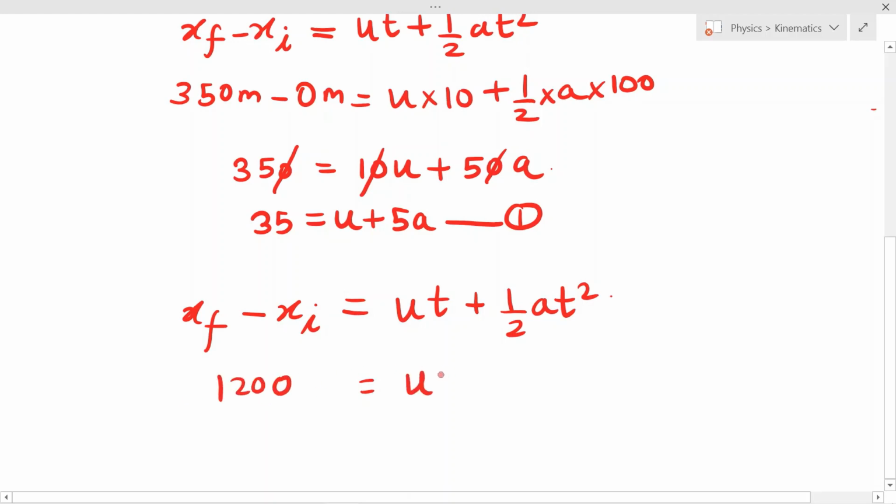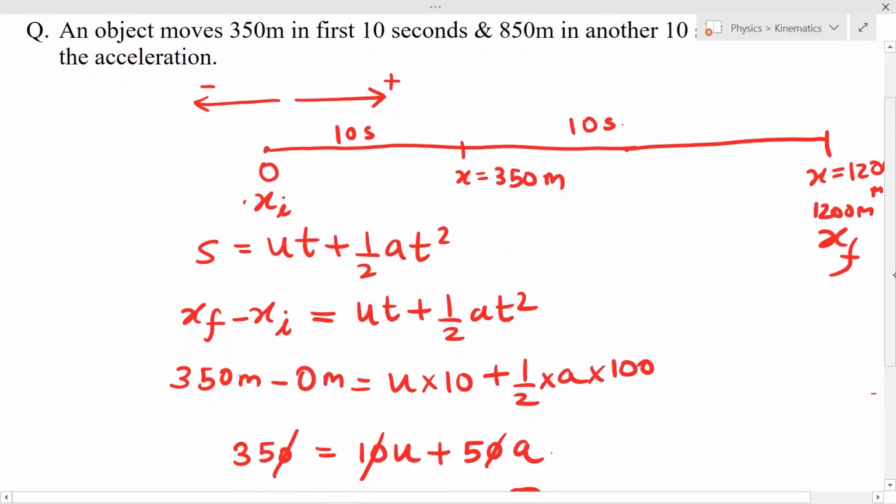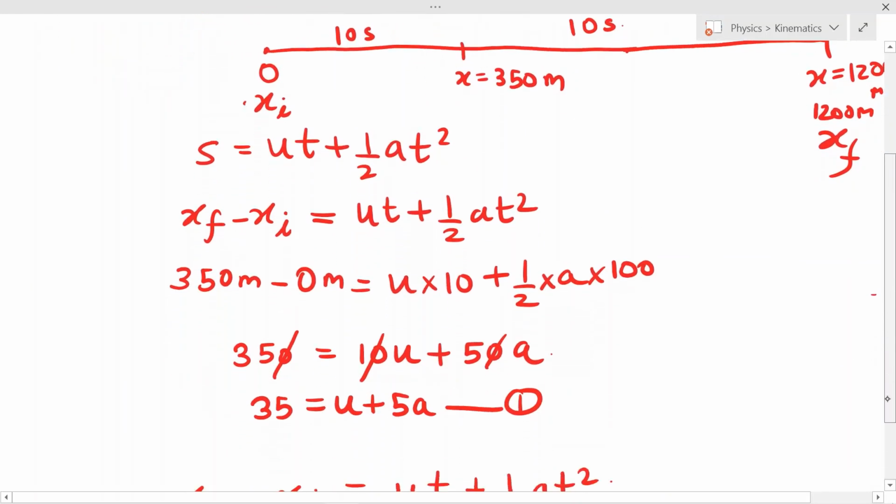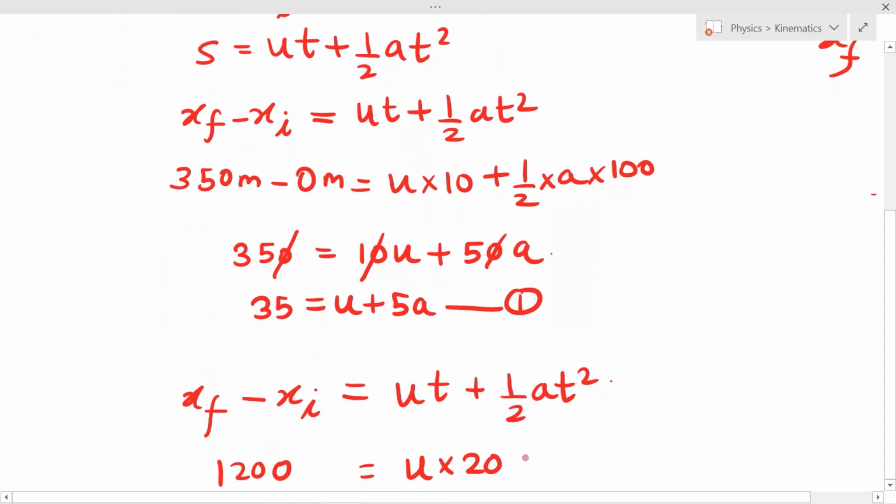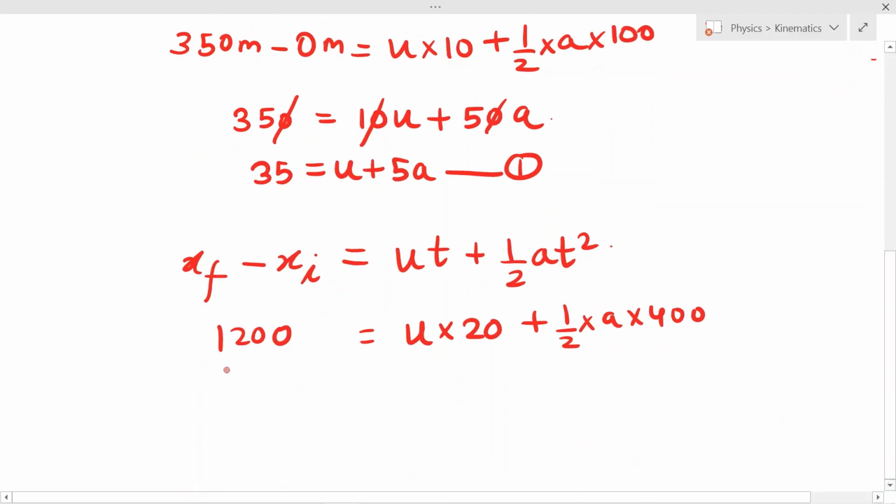U is same because it is starting from the same point. So this is 20, because in 20 seconds it covered 1200 meter, plus half into a into 20 square is 400. So this becomes 1200 is equal to 20u plus 200 into a.